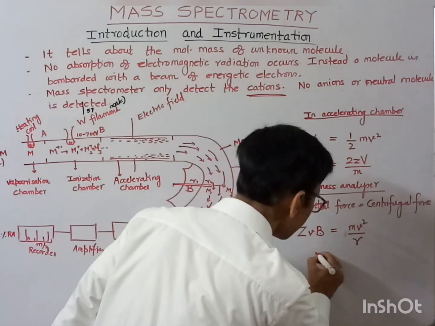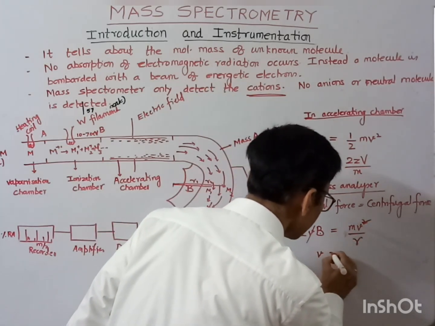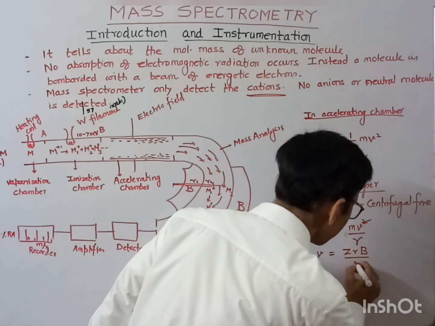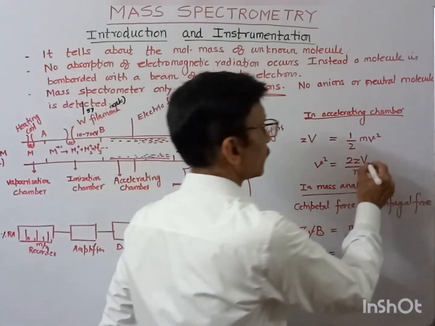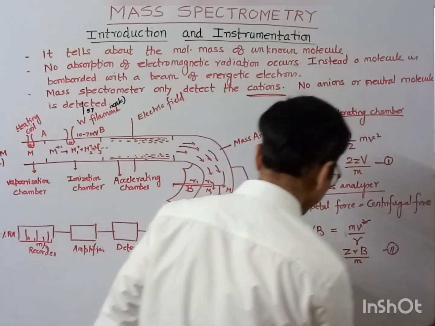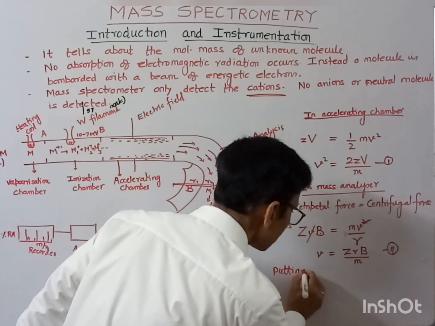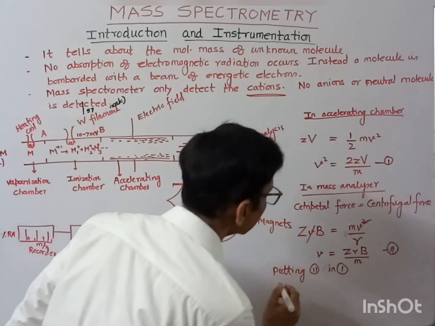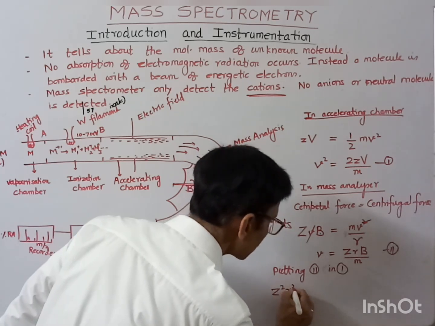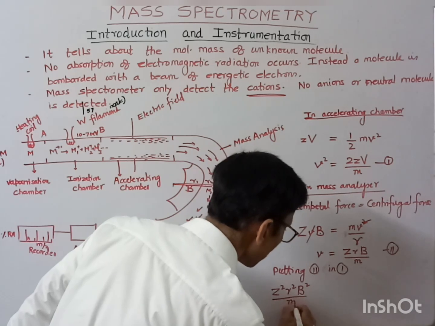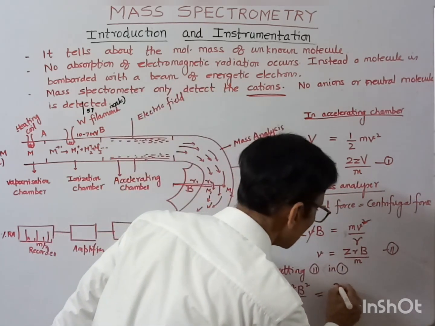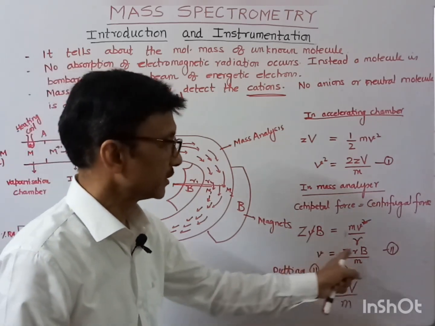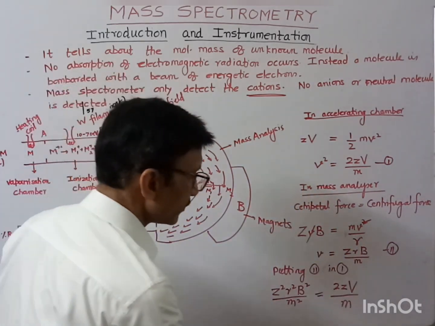Now from here we can determine v. So this v will cancel out, and v is equal to ZRB upon M. Now suppose this is the first relation and this is the second. Putting the second in the first, we get Z square R square B square upon M square, equal to 2ZV upon M. Then we take the square and put it here, and we get this relation.